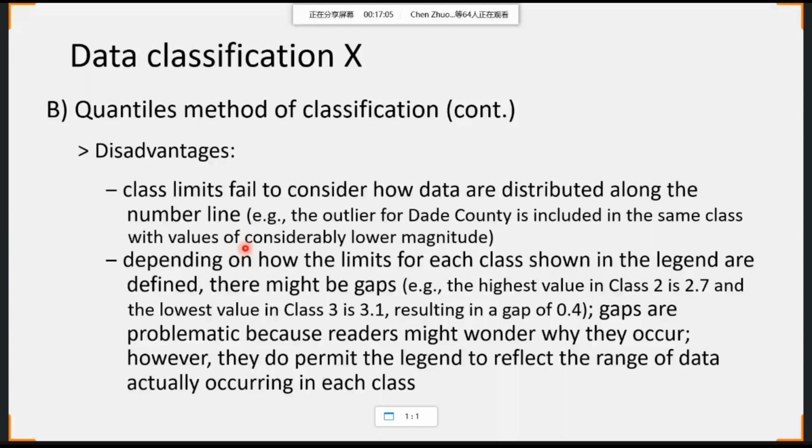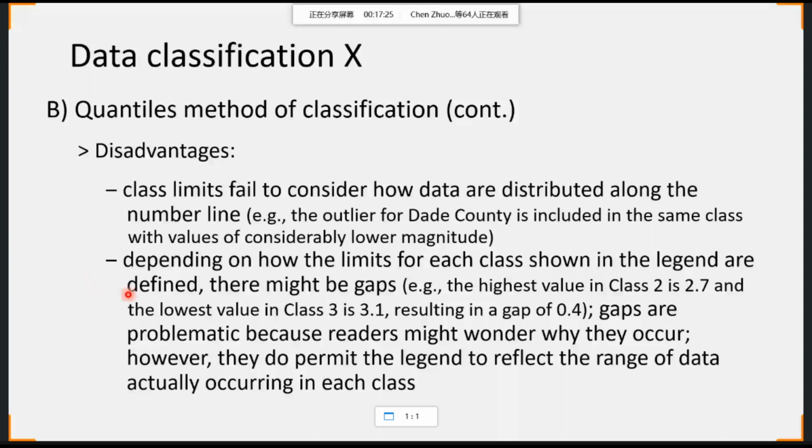But of course, this is irritating and makes it more difficult to interpret the numbers, the data that is behind the map correctly. And depending on how the limits for each class shown in the legend are defined, there might be gaps.